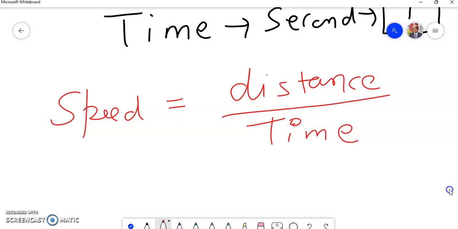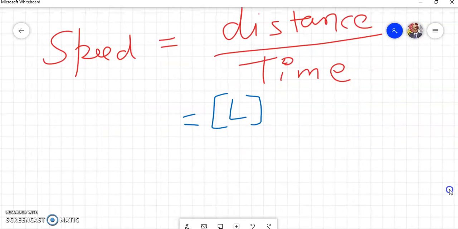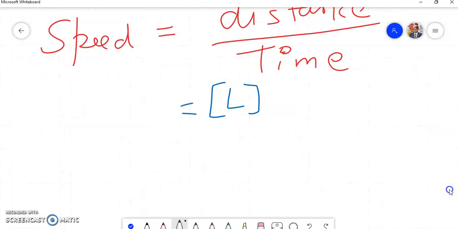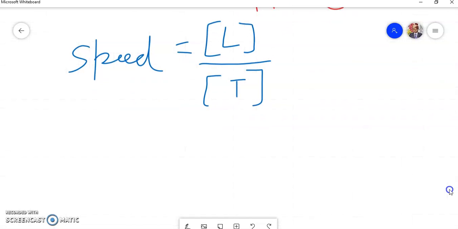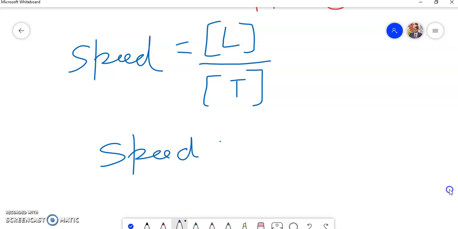Therefore, distance is equal to L, and time is T. So your speed can be written as L T minus 1 in the bigger bracket.